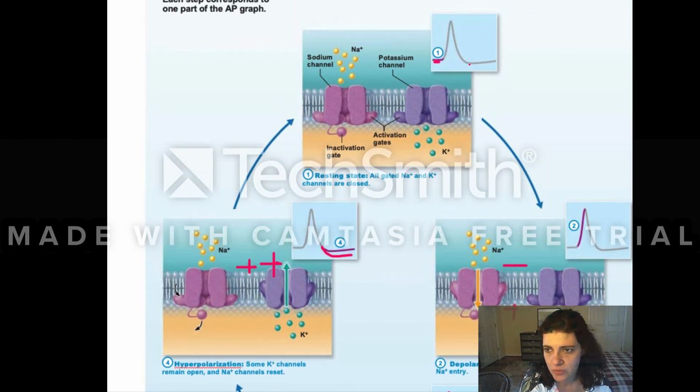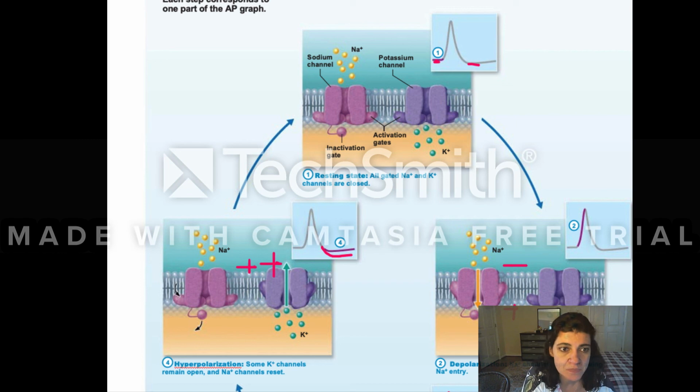So you see how this is lower than this. So this is hyperpolarization. This is just regular polarization, and this is depolarization and repolarization, right? So this cycle keeps happening as you are generating or propagating through that plasma membrane an action potential, okay?